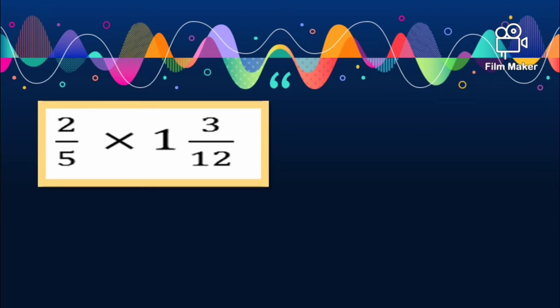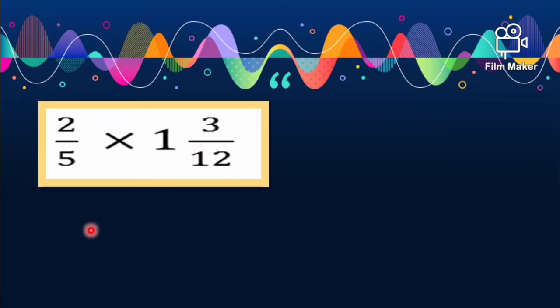The fraction is the proper fraction 2 by 5 multiplied by the mixed number, and according to the rule, when we multiply the two fractions, we have to convert the mixed fraction into an improper fraction.